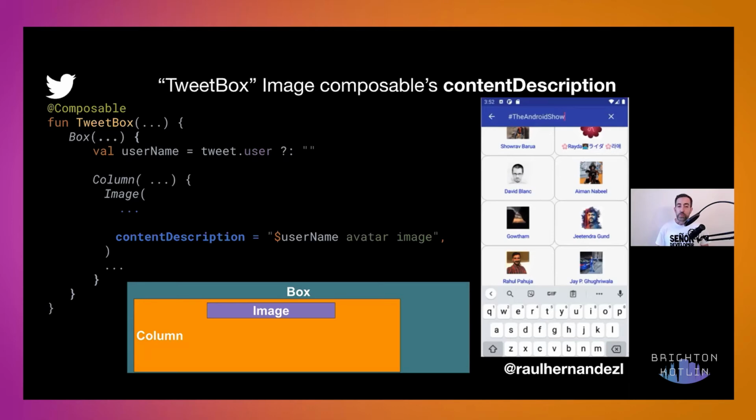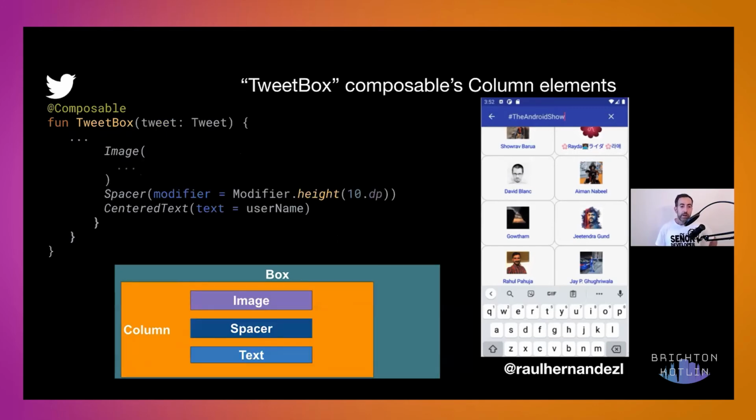We need to use content description all the time. Please don't do the trick of using quotes, and add some valuable information for our users. Now, for this variation, we need a spacer with a height, and then the center text. That is just something that we want to render for the username to be shown. And with that, we have the box with the column and the image, the spacer, and the text.